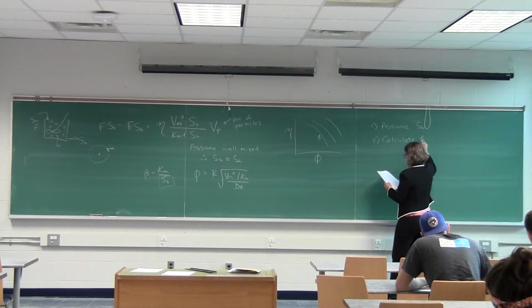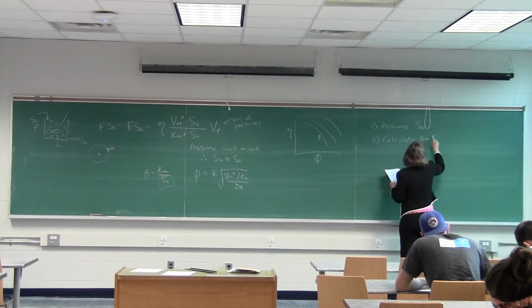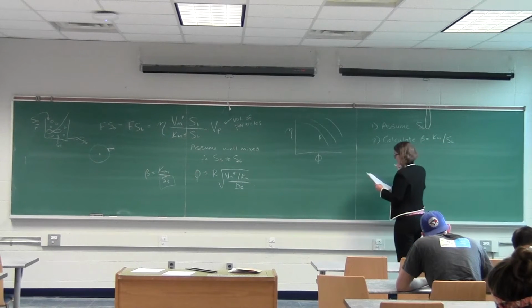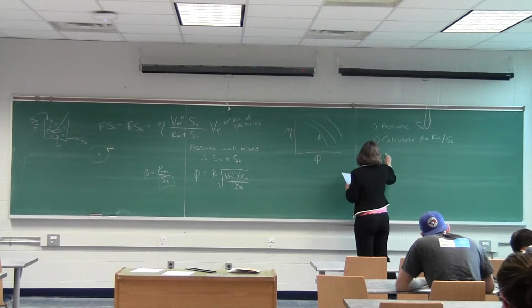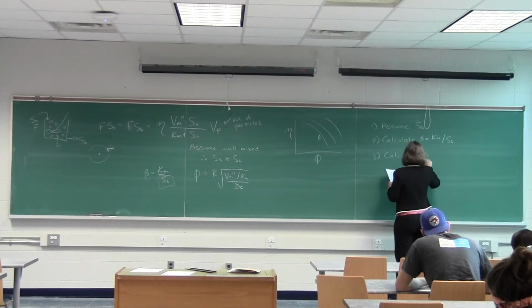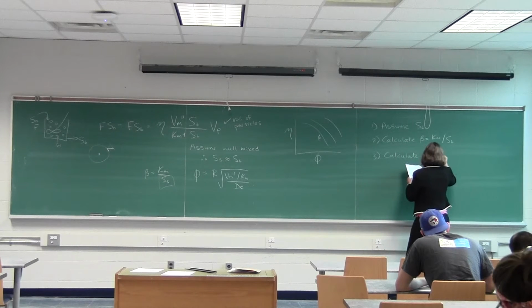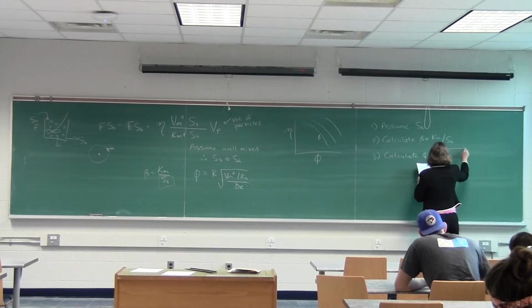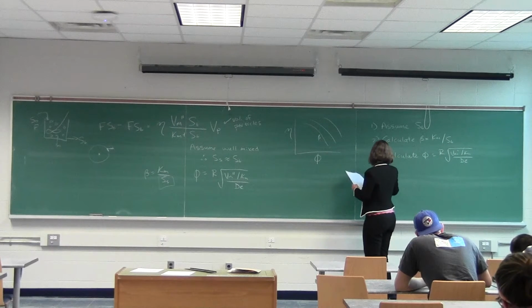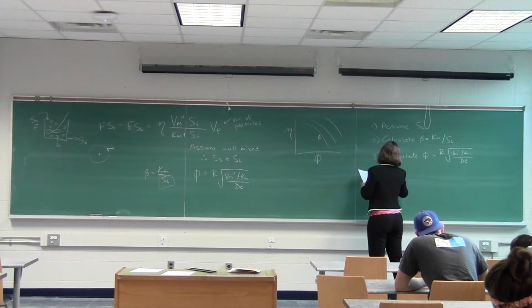we'll calculate beta. In this case, we'll say it's Km over SB, and then we'll calculate the Thiele modulus equals R double prime over Km over DE, and then we'll use the graph.